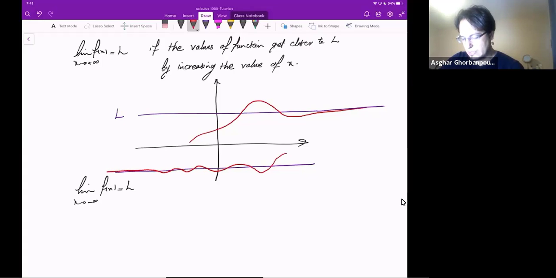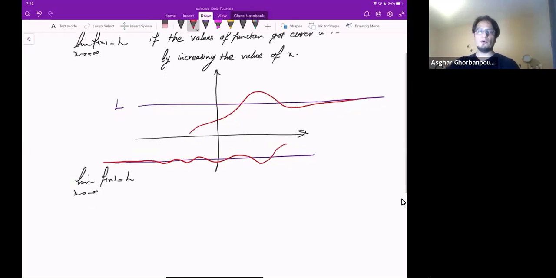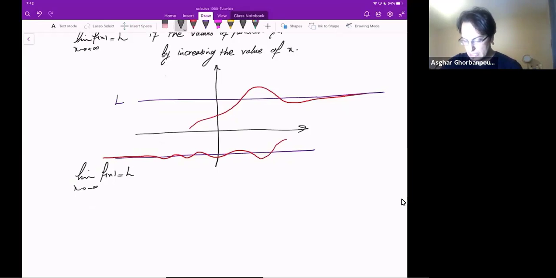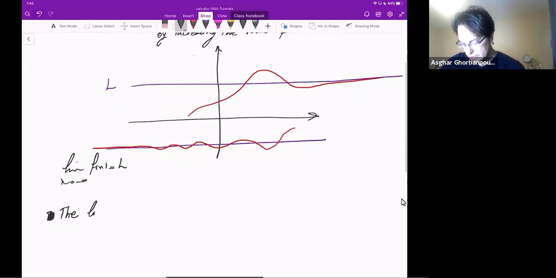It could be like that. One important fact here is that the limit laws work for limits at infinity.